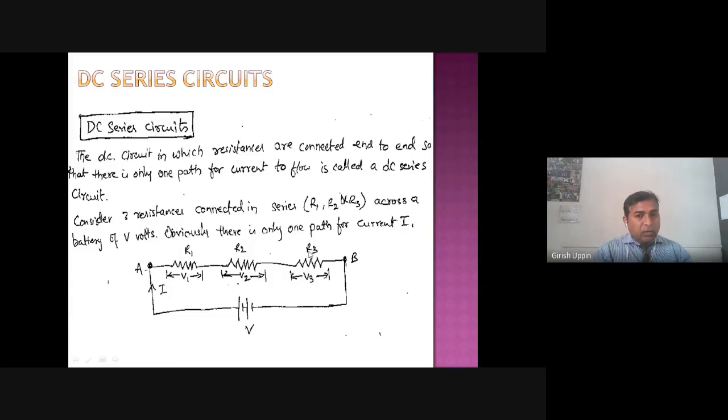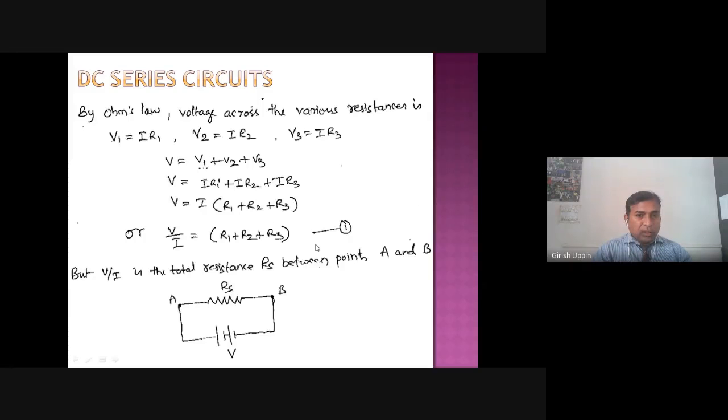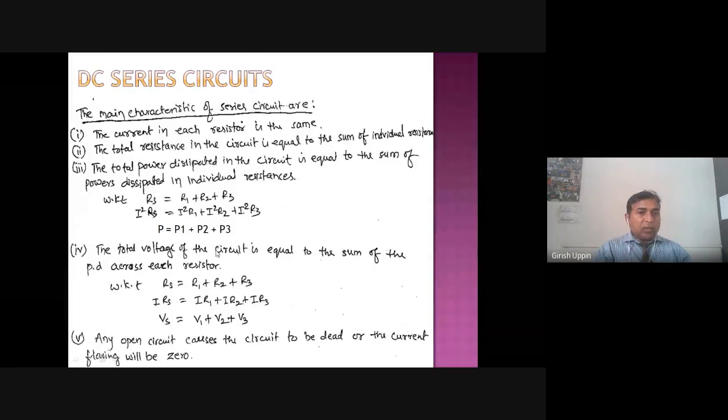I square into R3 is the power consumed in resistor R3. We represent these as P1, P2 and P3. That is how we get this equation: P is equal to P1 plus P2 plus P3. That is, the total power consumed in the circuit is equal to the sum of the powers consumed in the individual resistors that are connected in series.